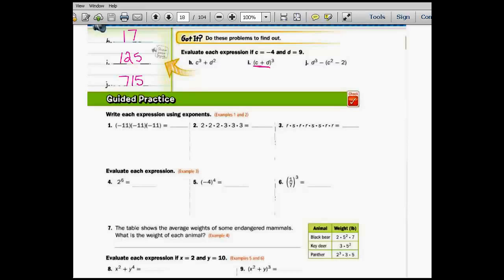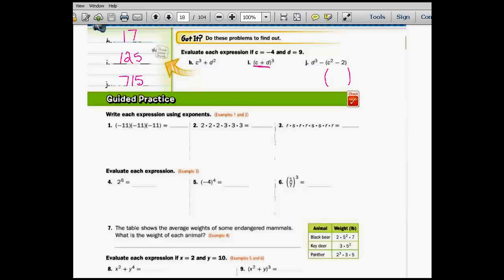So D cubed, so 9 times 9 times 9, minus, and then you have to do this part here first. C squared, so negative 4 squared, minus 2. Negative 4 times negative 4 is 16, minus 2 is 14. Okay, and then subtract those, you will get 715.